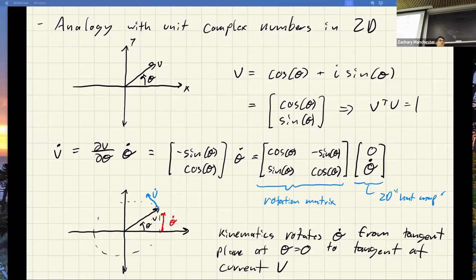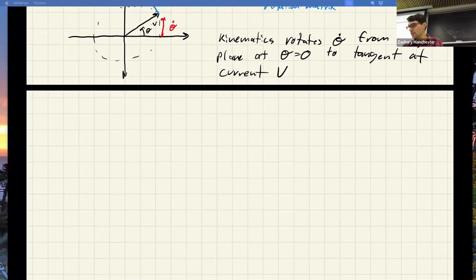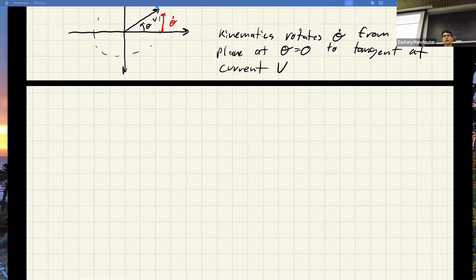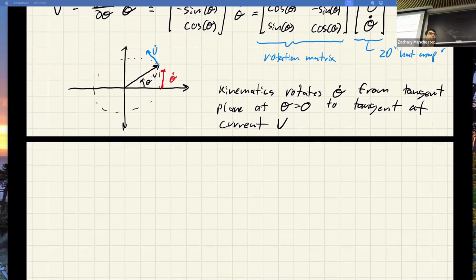That makes sense. So it's like this picture generalized to 3D, right? So hopefully that gives you a little geometric insight as well. Any questions about this stuff so far?